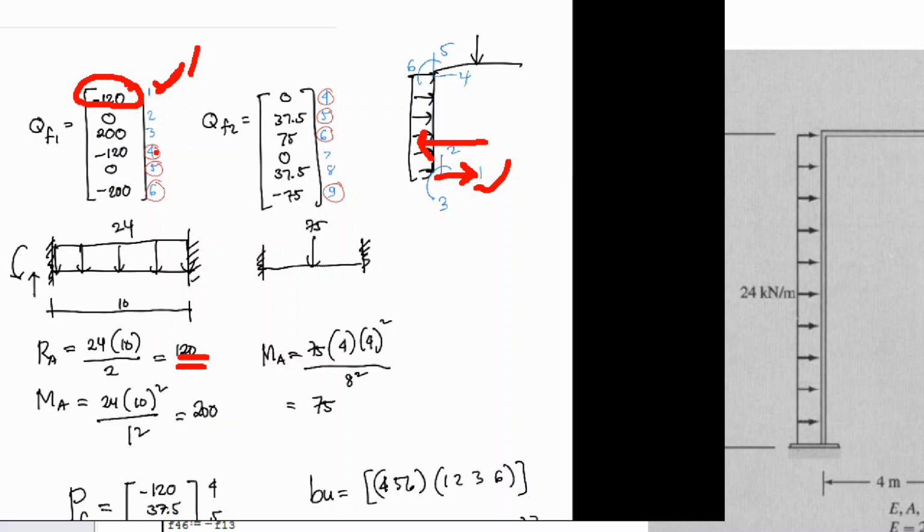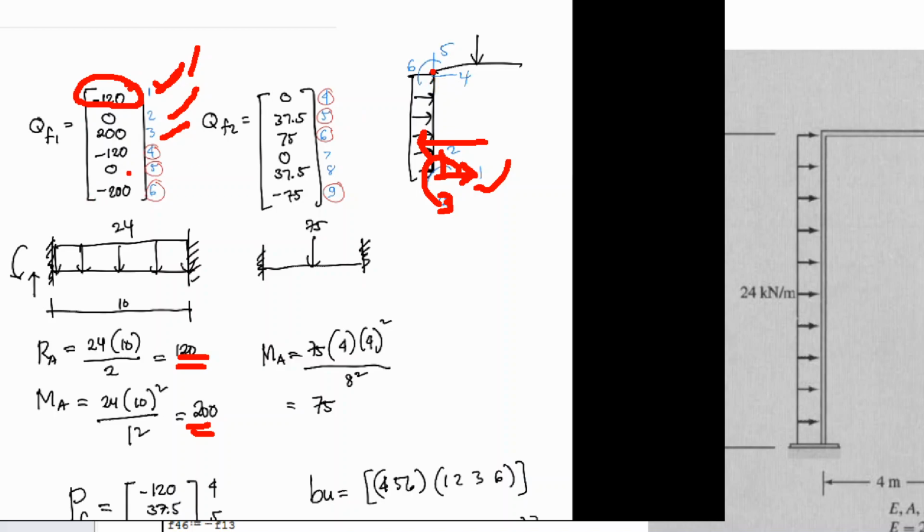Next is code 2. Do we have a force from our fixed end forces that will correspond to code 2? None. So that is 0. We don't have actual reaction from a uniformly loaded member going upward. And code 3 is moment, which is 200. Same goes with the other end.